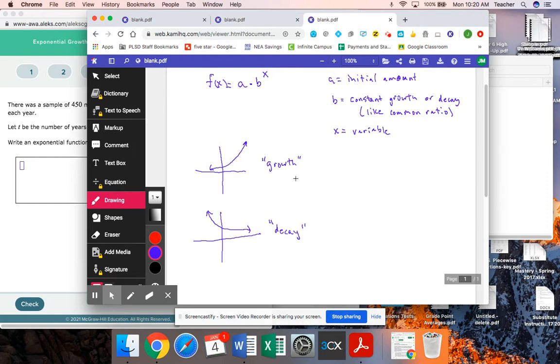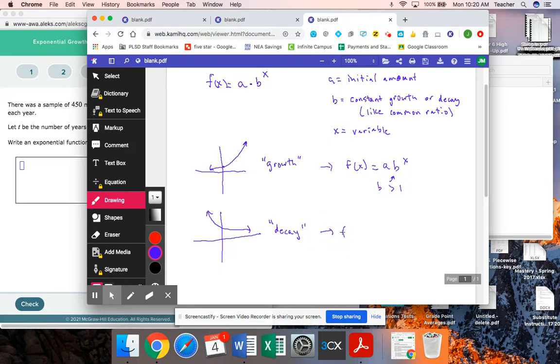Okay. So if I were to look at the function that looks like this, the function of this type of growth will have an initial amount, and then it will go up some. So we'll have the b to the x, where the b will be greater than 1.